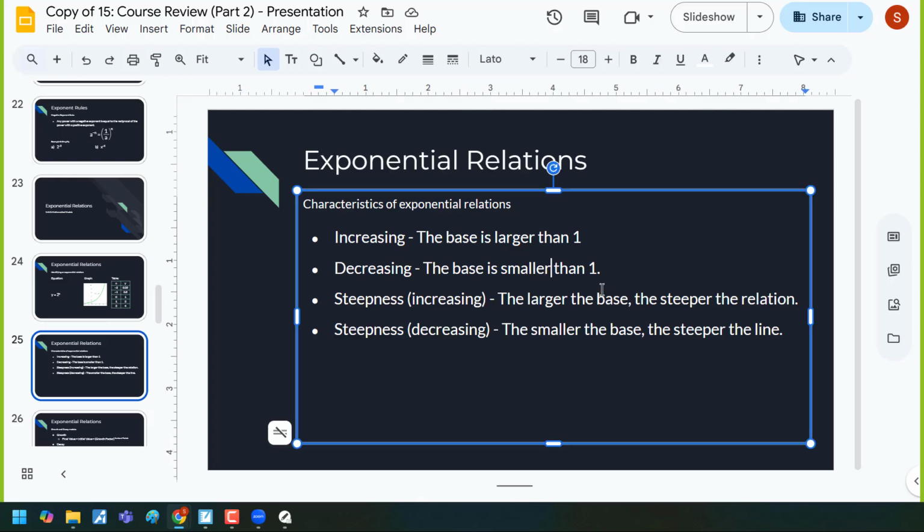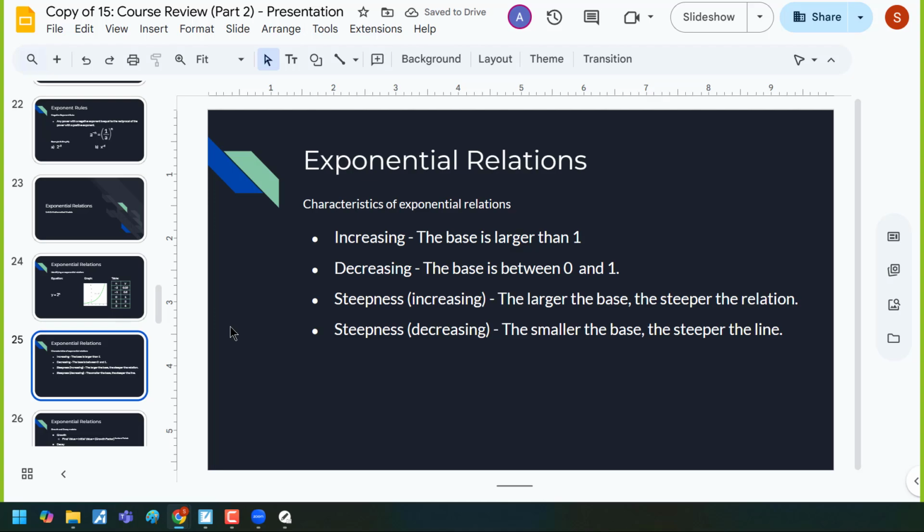So between 0 and 1, meaning if it's a fraction or decimal. Steepness depends on the base: the larger the base, the steeper the relation, increasing, and then decreasing, the smaller the base, the steeper the line.